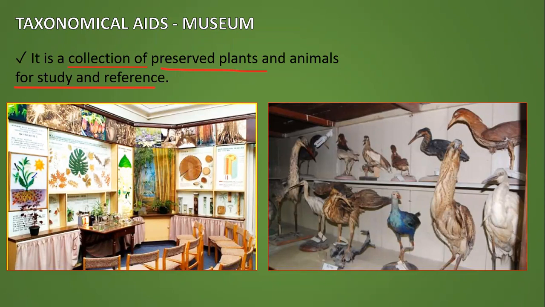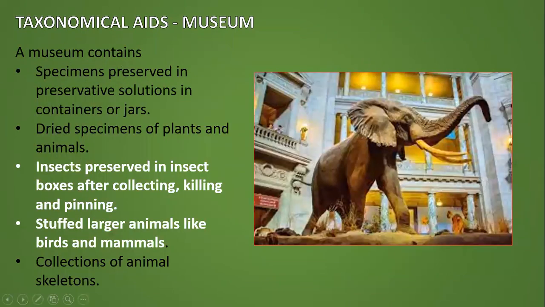Okay. So let's have a detailed study about what are the different functions of museum as well, which can be asked for the exam. A museum contains specimens preserved in solutions or jars or containers. Dried specimens of plants and animals are also kept. In case of insects, you will find those insects are placed in insect boxes after collecting, killing, and pinning them.